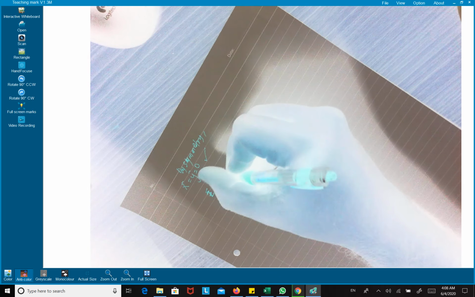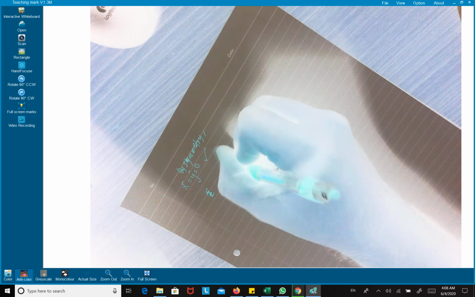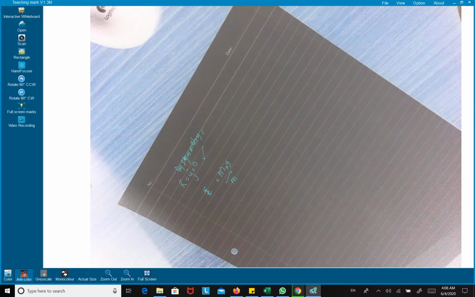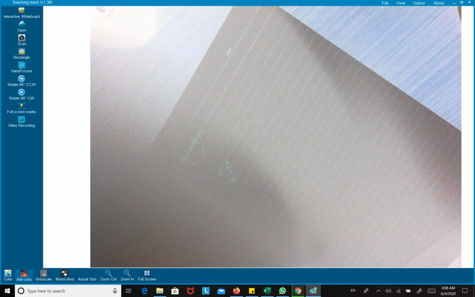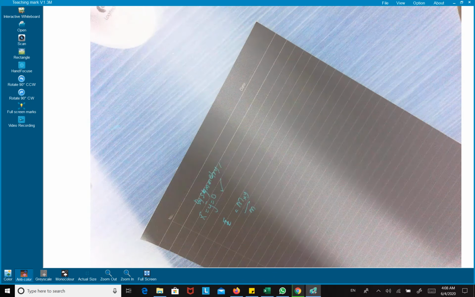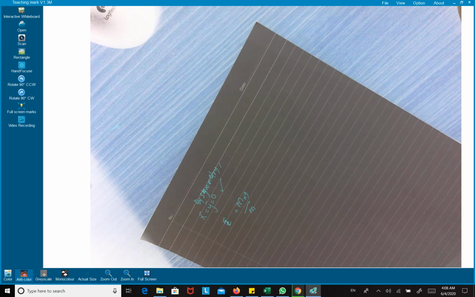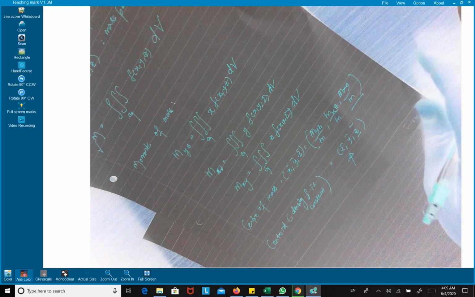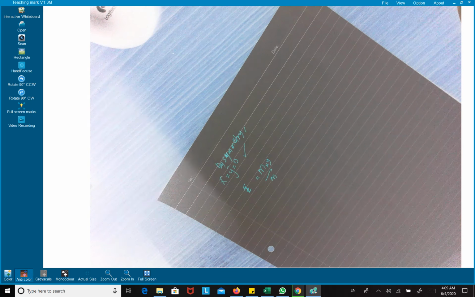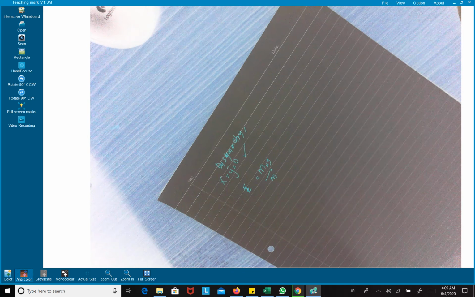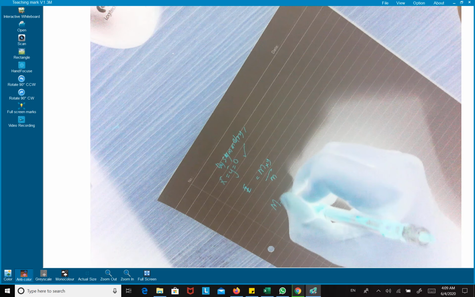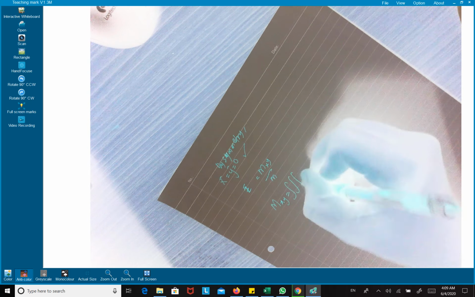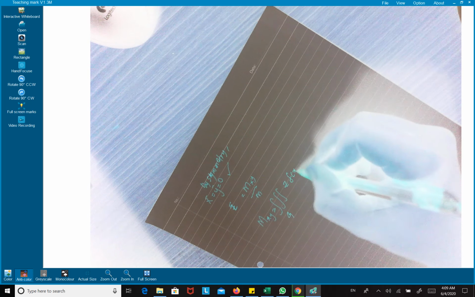So z bar is mxy over m. So your z bar will be mxy over m. So your mxy from the formula, triple integral on the surface G, z times the density dV.